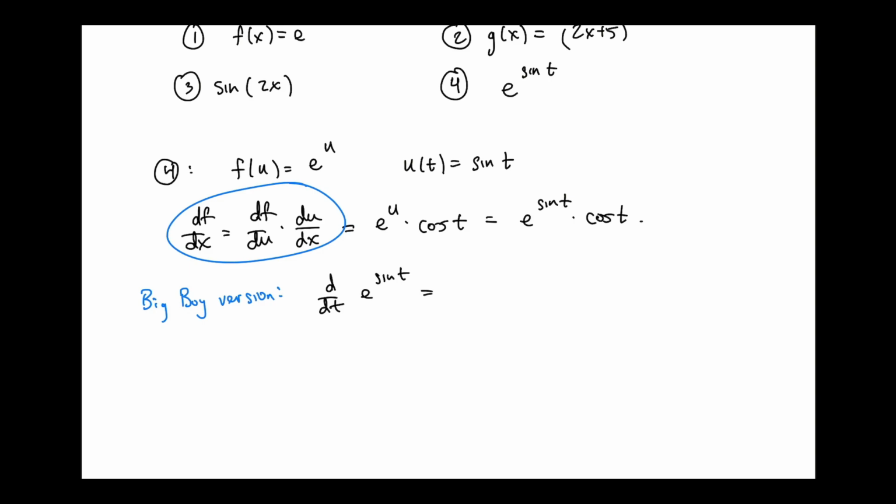If I want the derivative of e to the sine t, well, I'm going to think of this as e to some stuff. What's the derivative of e to some stuff? E to the stuff times the derivative of the stuff. Okay? Now, what's the derivative of the stuff? Cos t. Okay, and that's pretty much it. Okay, so does that kind of make sense?